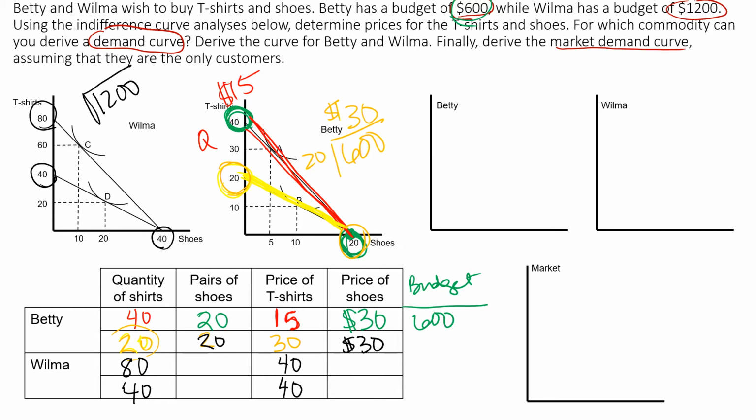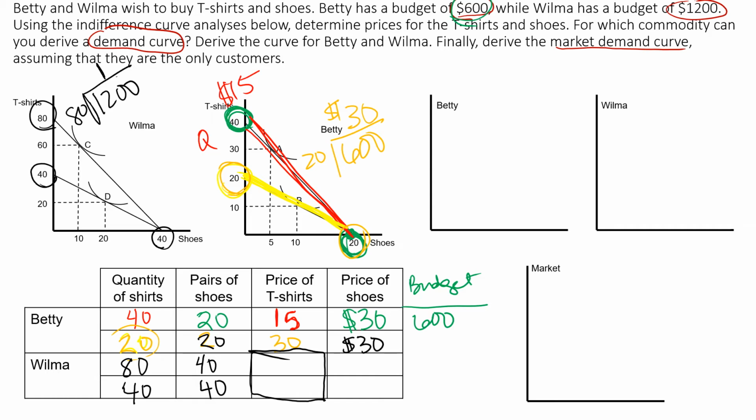So if we're trying to figure out how many pairs of shoes, oops, I put that in the wrong spot, I'm sorry. Pairs of shoes should be 40 and 40. Okay, so if we're trying to figure out the price of the shirt when she buys 80, we're going to take 1,200 divided by 80 to figure out the price at that extreme point.